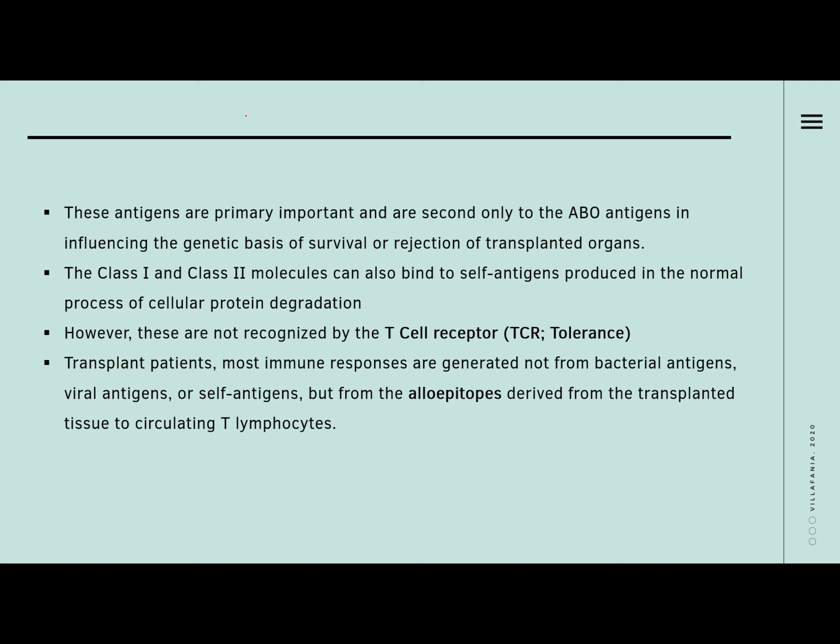Now, these antigens are primarily important and are second only to ABO antigens in influencing the genetic basis of survival or rejection of transplanted organs. So again, class, pag magta-transplant ka ng organ, it is always important to consider, the first one is their ABO compatibility.